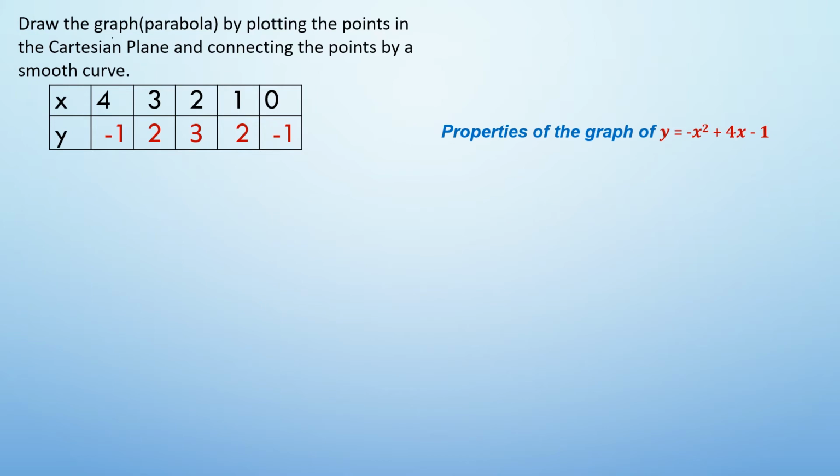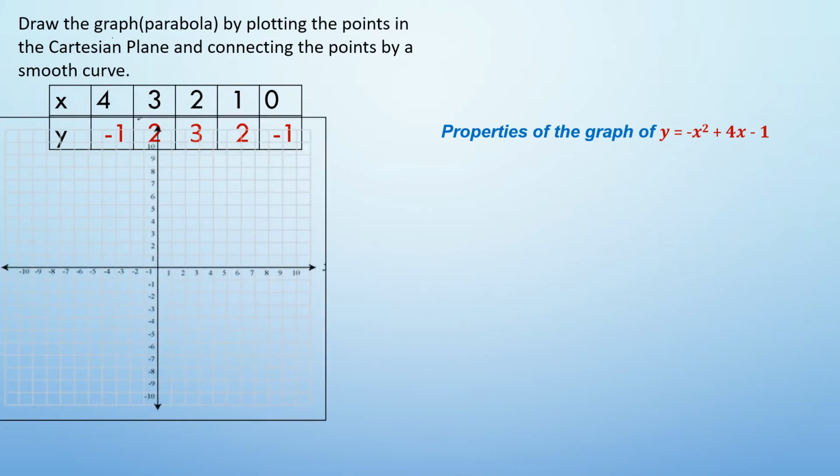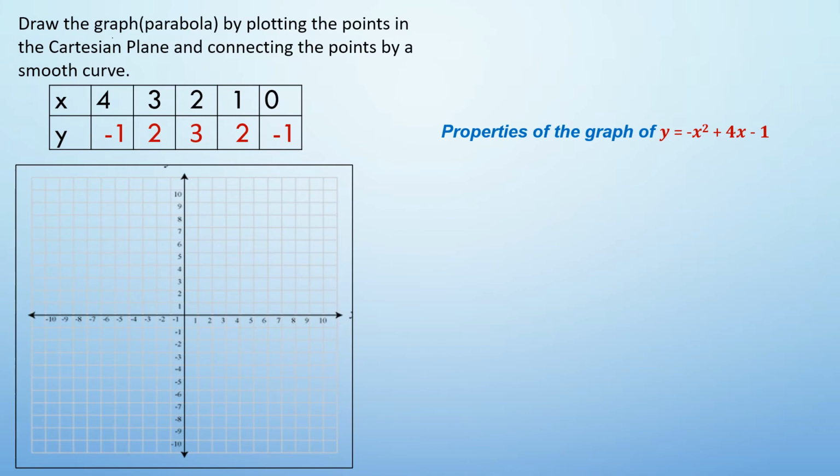So next, we will draw the graph or parabola by plotting the points in the Cartesian plane and connecting the points by a smooth curve. So first we have 4, negative 1. Next we have the point 3, 2. Next we have 2, 3.